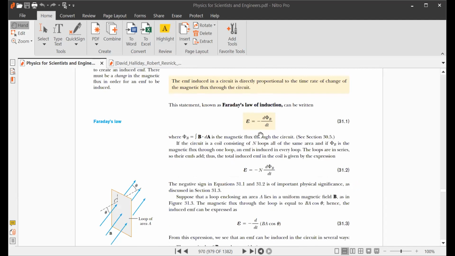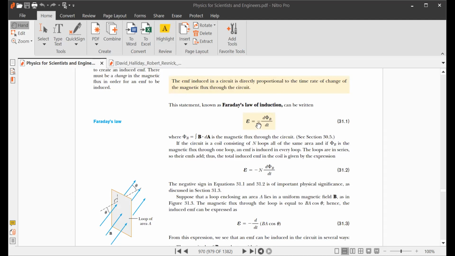Hope you understand. Okay. So, if this is the case, then we have the induced voltage. Okay, this induced voltage is equal to minus the change of the flux with respect to time. Okay, this Φ_B is the magnetic flux.